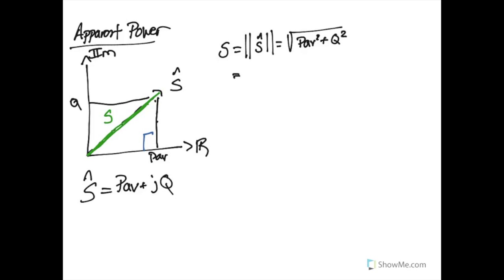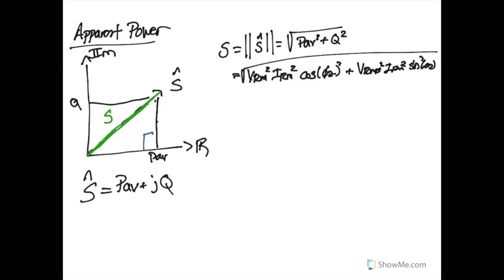And so when we punch in our different formulations for real and reactive power, so that'd be V RMS squared, or V squared, and then this would be our cosine of the angle squared, plus V RMS squared I RMS squared sine of our phase squared, and then all of this square root.